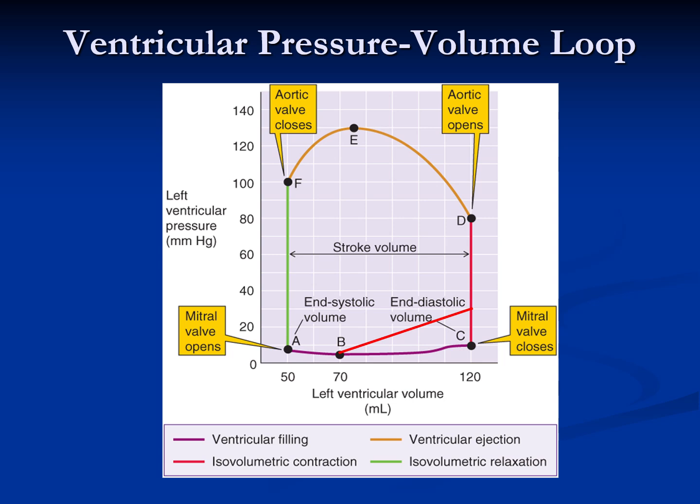And in order to accommodate the same amount of blood, which is 120 mLs, it's accommodating them at a much higher pressure, meaning the end diastolic pressure, instead of the LV end diastolic pressure being at point C, which is roughly 10 millimeters of mercury, now it's at the end of the red segment I drew for you, let's call it C prime, and it's at around 30 millimeters of mercury.